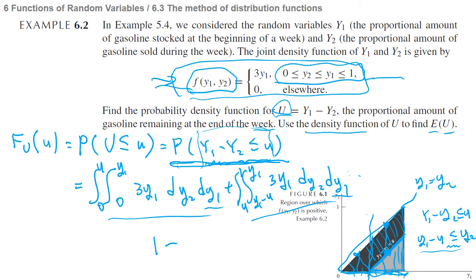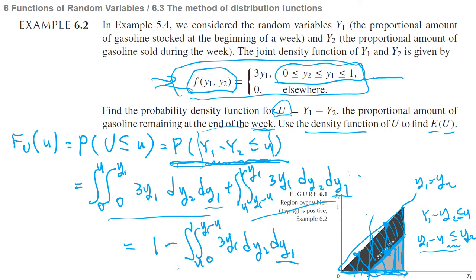Actually this is the same as 1 minus the dy1 dy2 dy2 dy1, and for this one, dy1 is from u to 1, and then y2 is from 0 to y1 minus u, and 3y1.